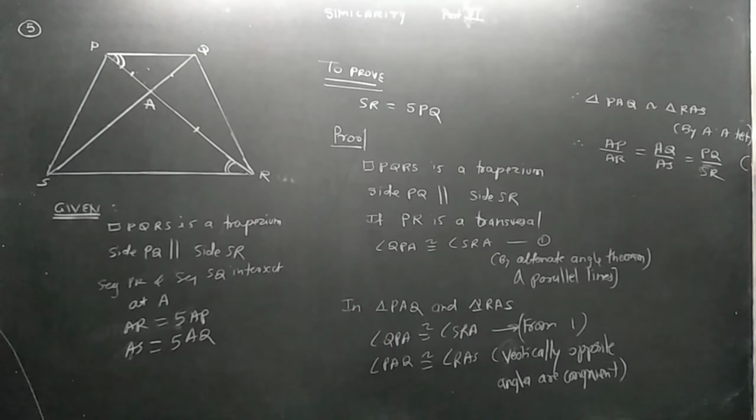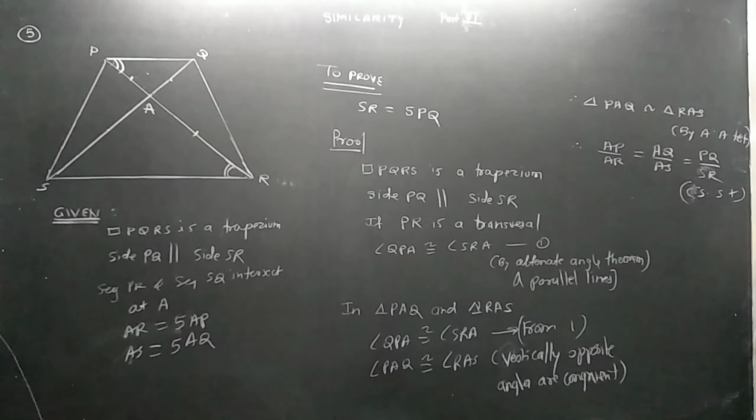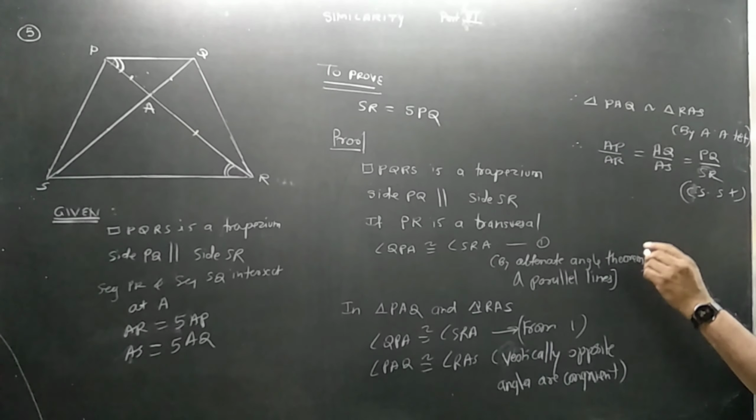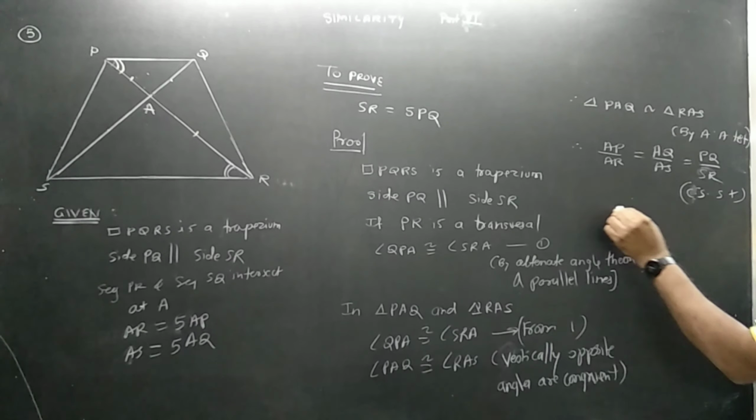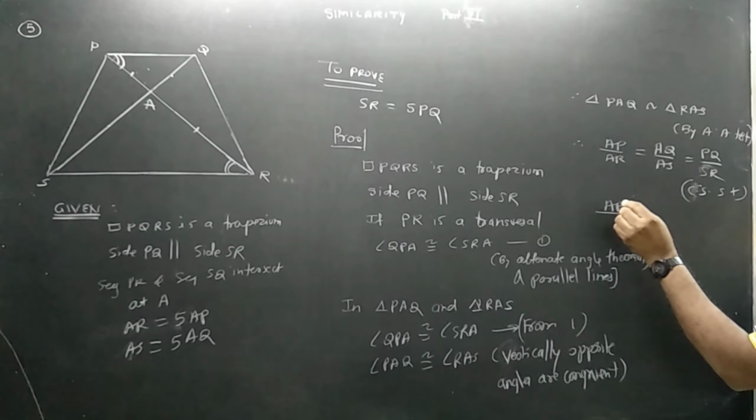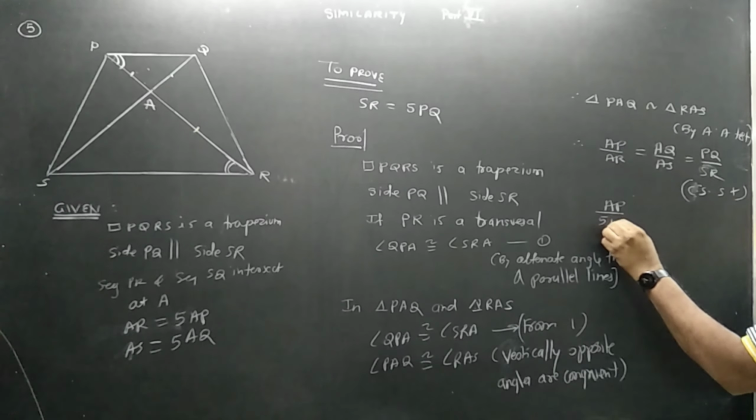Here we are going to write the reason: corresponding sides of similar triangles. Okay. Now instead of AR, what are you going to write? AP upon 5 AP.